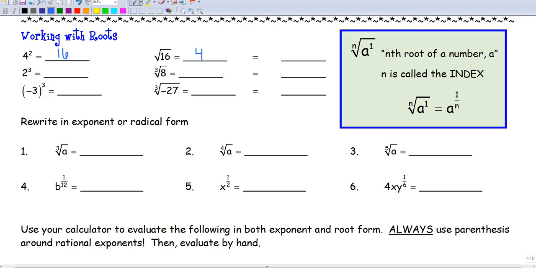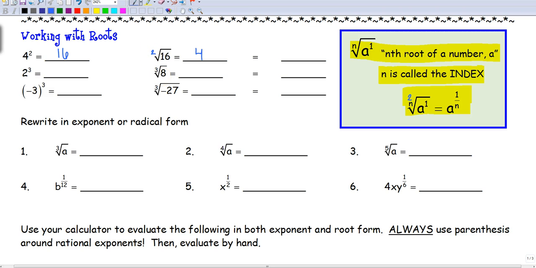Well, it turns out there's another way to write square root of 16, and it uses this idea over here. The nth root of a number a, where n is called the index, can be written like this. A lot of times you have a cube root or a fourth root. When you have a square root, your index is really a 2. We just don't put it there.